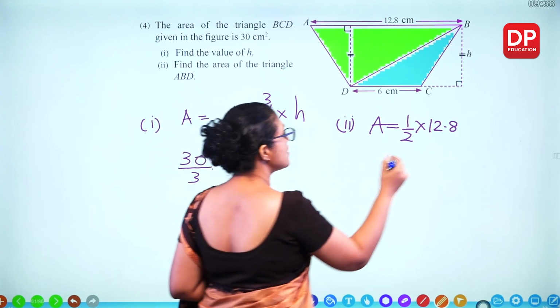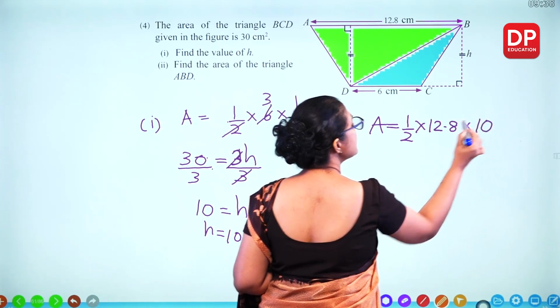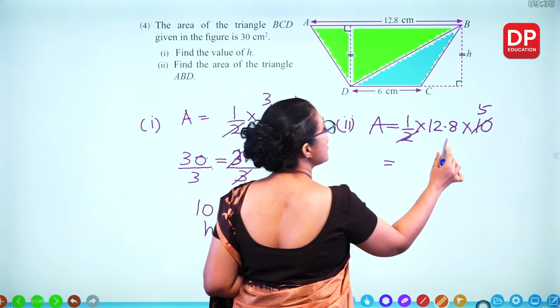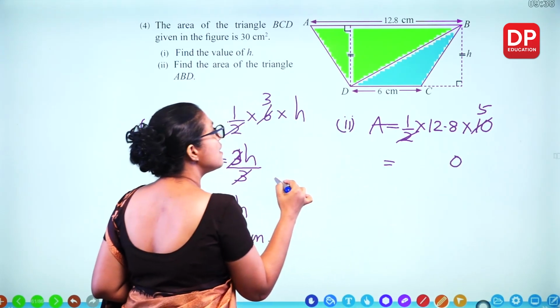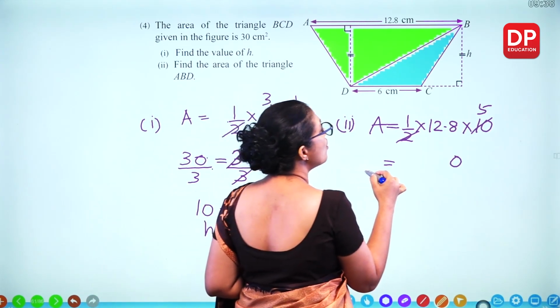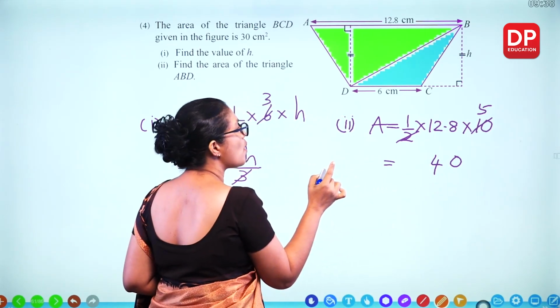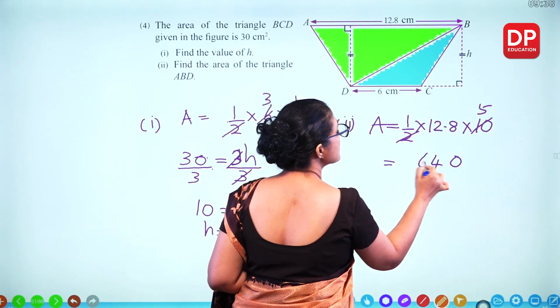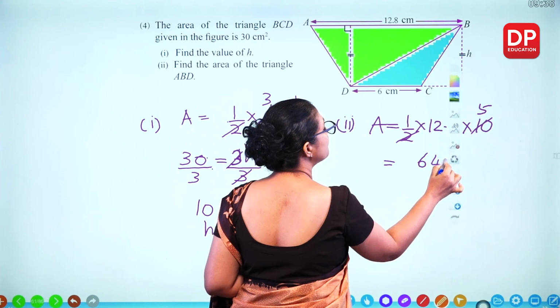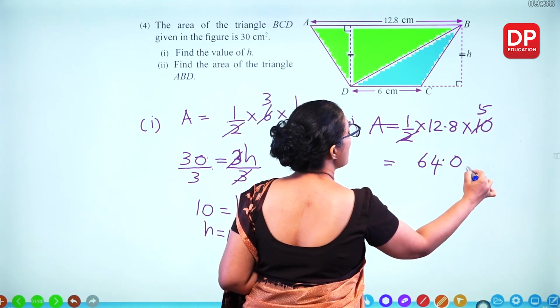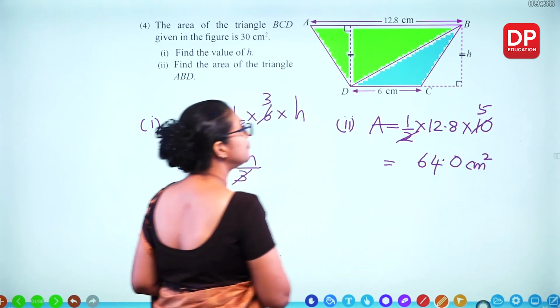We found h is 10. Multiply by 10. So multiply by 5 here. 5 times 8, 40. 5 times 2, 10 plus 4, 14. 1 remaining. 5 times 1, 5 plus 1, 6. So 64. 64 square centimeters.